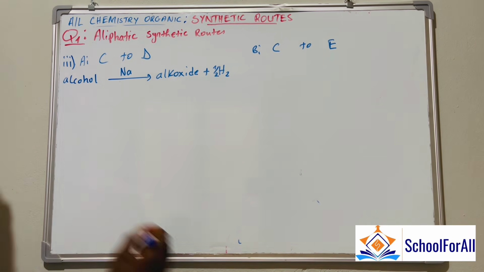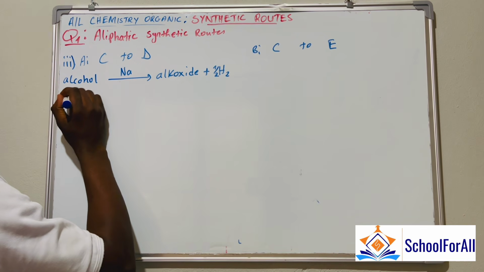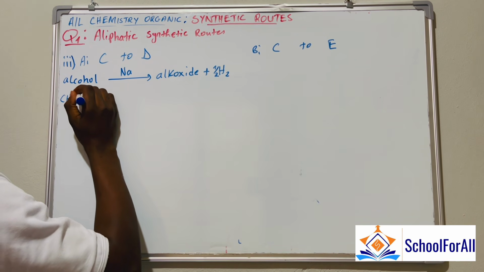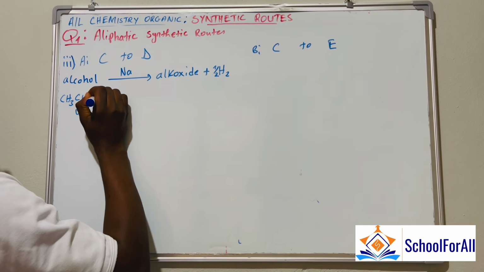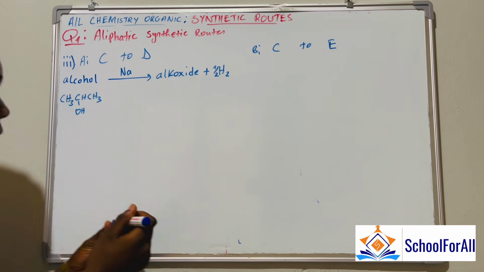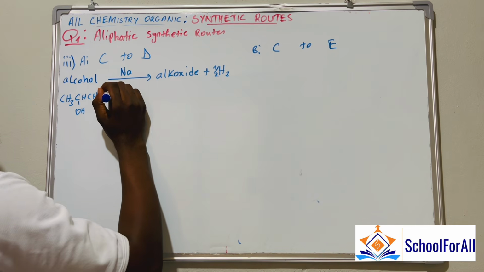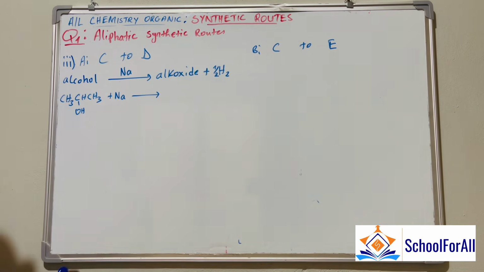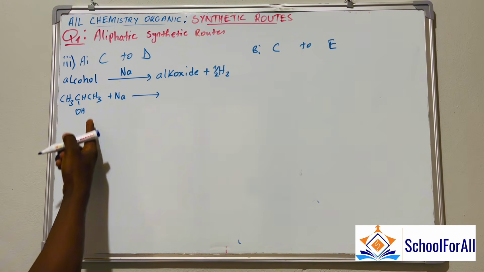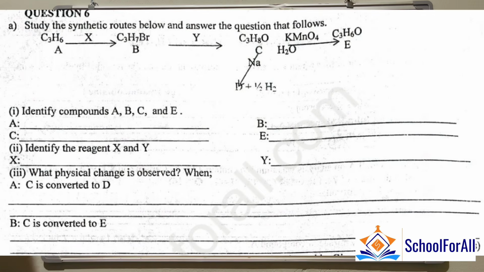So in our case here, we have this alcohol, CH3CHOHCH3, which is a secondary alcohol. When it reacts with sodium, what will I obtain? I will obtain an alkoxide in which I replace this hydrogen with a sodium atom.